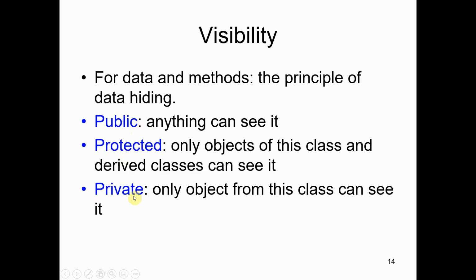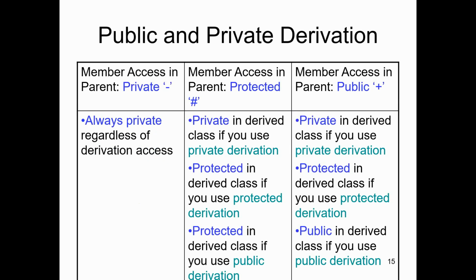And private is the strictest data hiding, and only objects from this class can see it. So we have three levels of visibility, and then we see how visibility changes over the inheritance hierarchy. Basically, visibility can only get stricter and not otherwise.